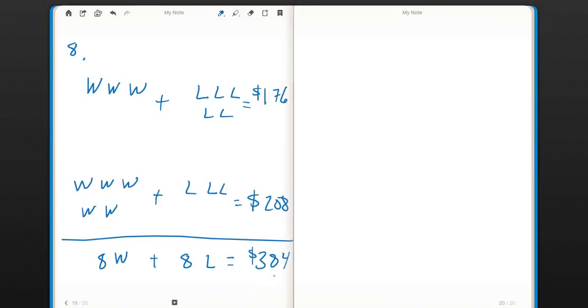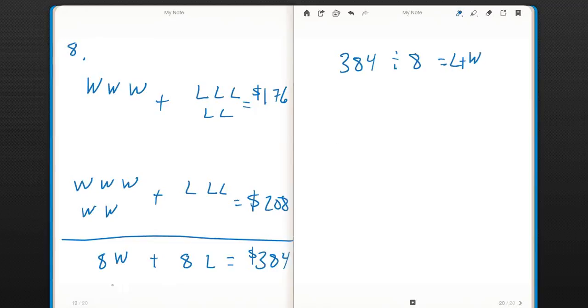Again, I cannot divide that by 2 and tell you what a watch or a lamp is, because they're going to be different prices. But I can say that 384 divided by 8 will give me the cost of a lamp plus a watch. I have 8 pairs, and those 8 pairs add up to $384.